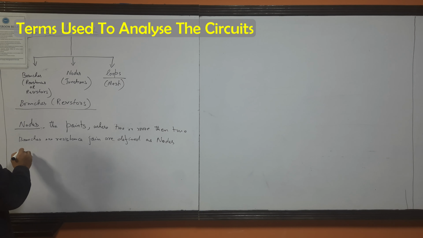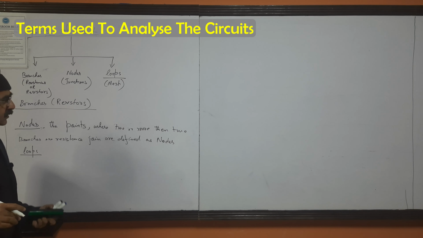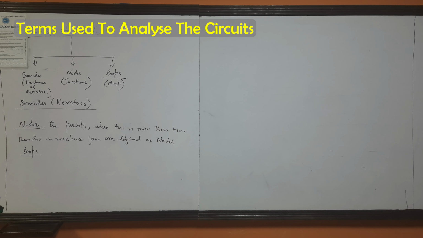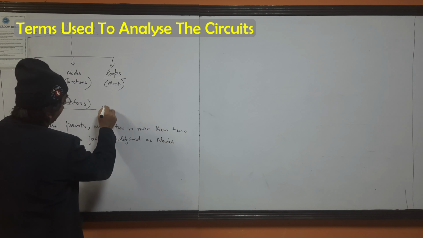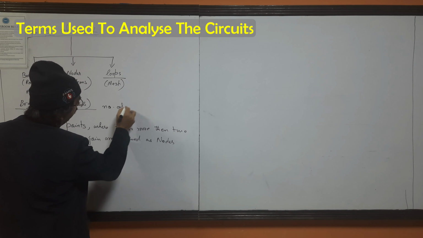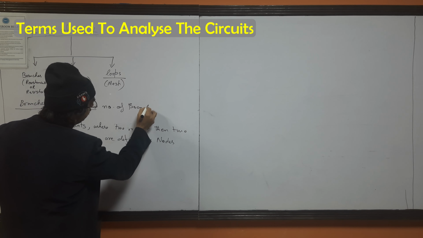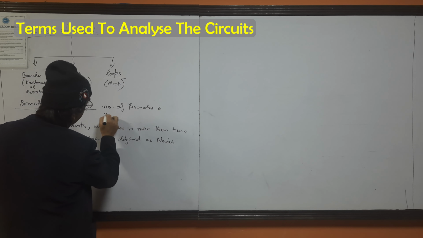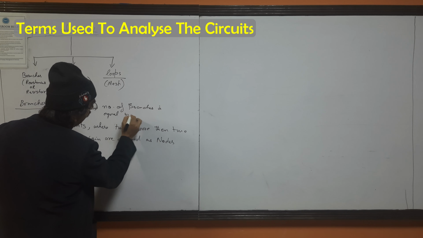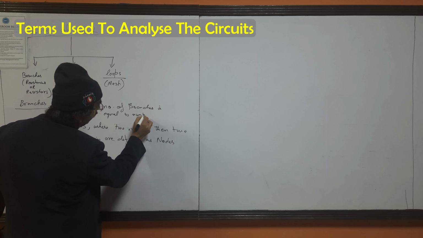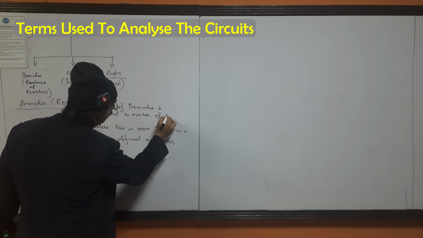Okay, and loop. Branches is a resistance, simply resistors. Okay, loops, number of branches is equal to number of resistance.